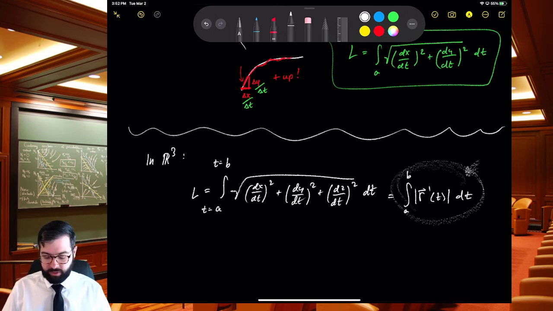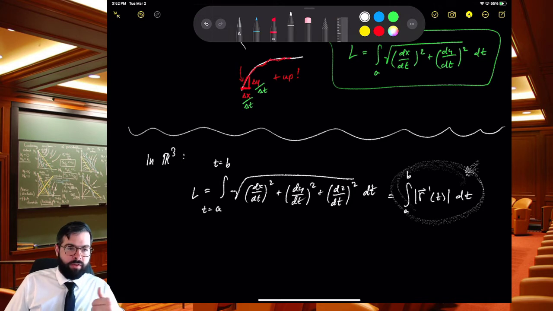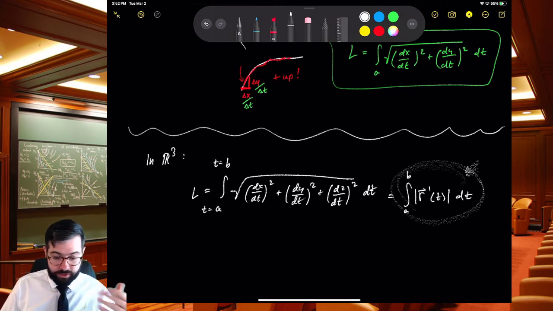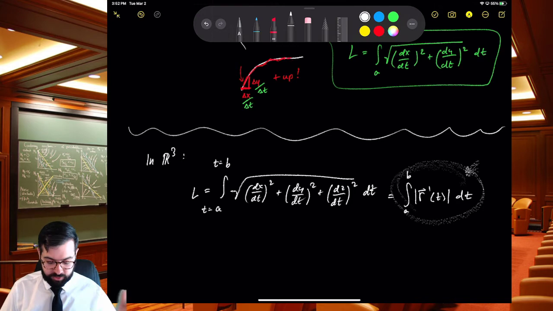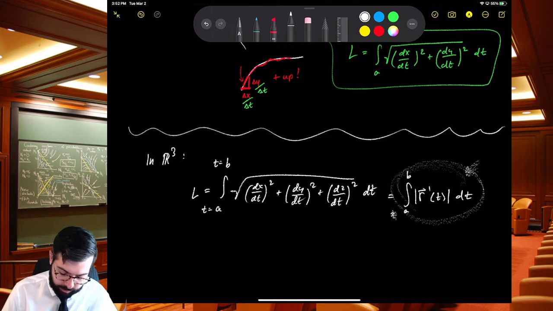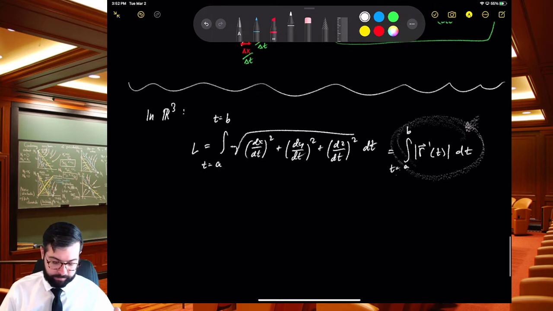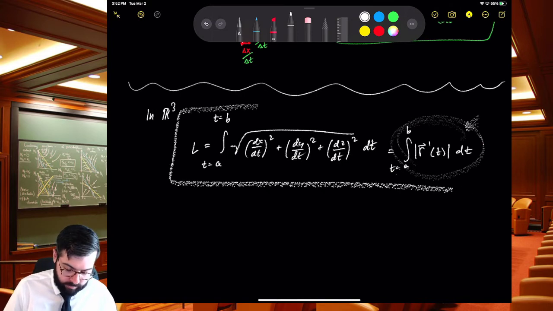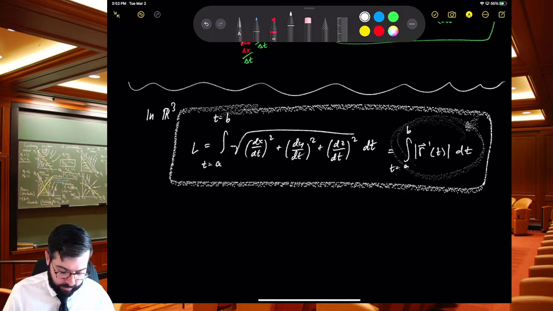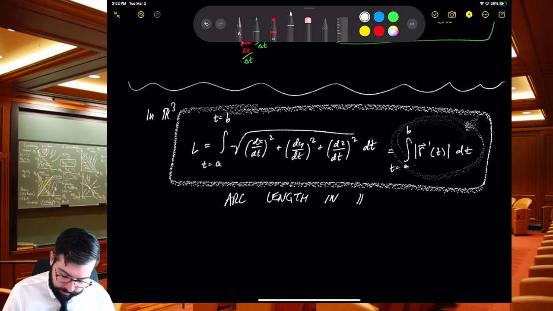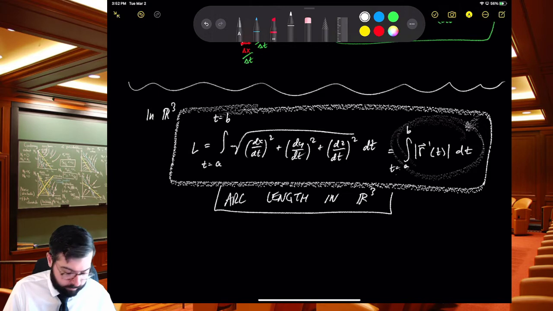But this is the generalized idea: magnitude of the tangent vector summed up from t equals A to t equals B. Okay, so that's arc length in R3. And again, that's on a space curve.